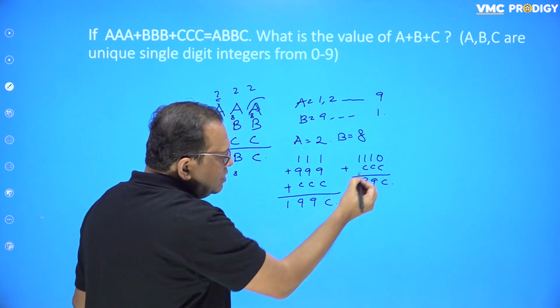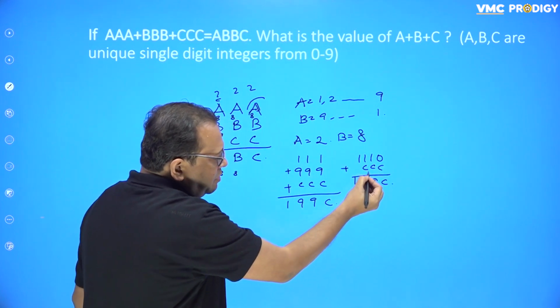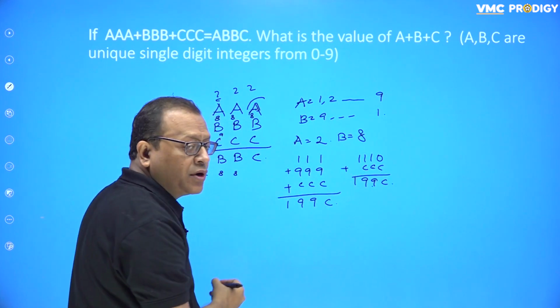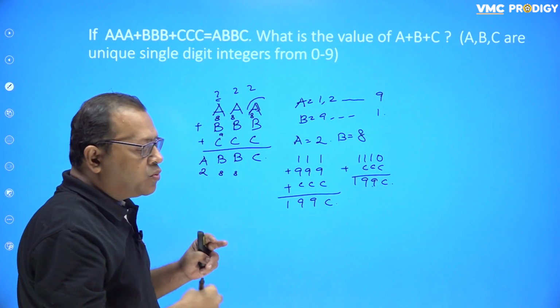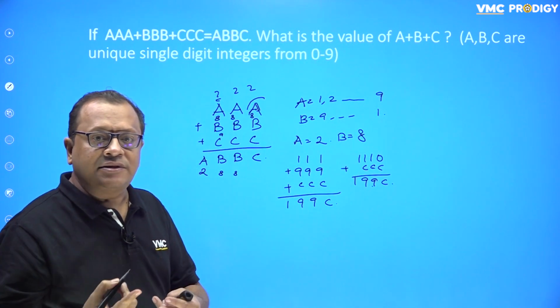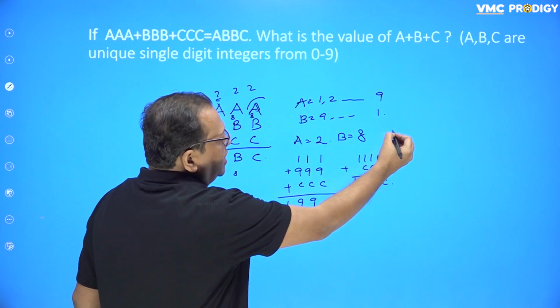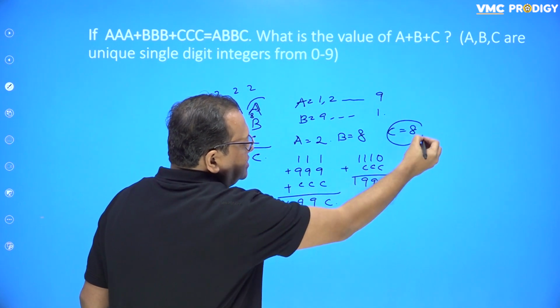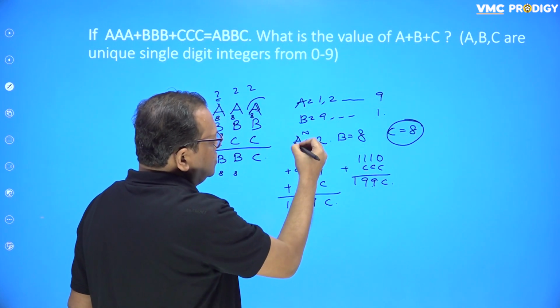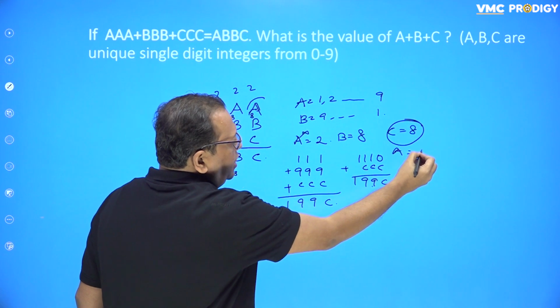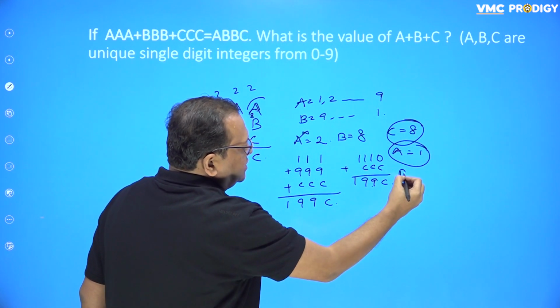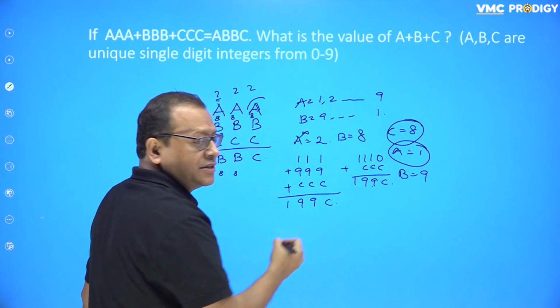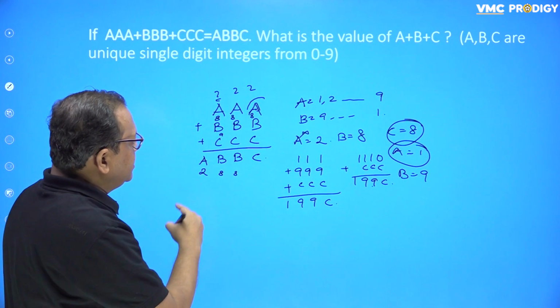I don't know what C will be, but I know that 1 plus C is equal to 9. So 1 plus what number is equal to 9? C is 8. So I can say now that C is 8. Hence, A is 1, B is 9 and C is 8.